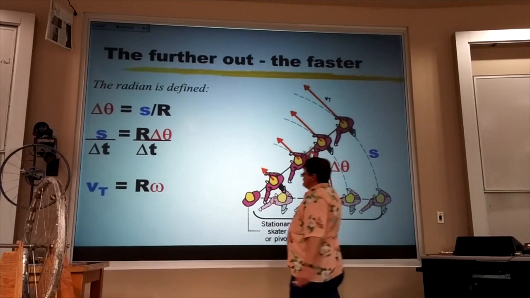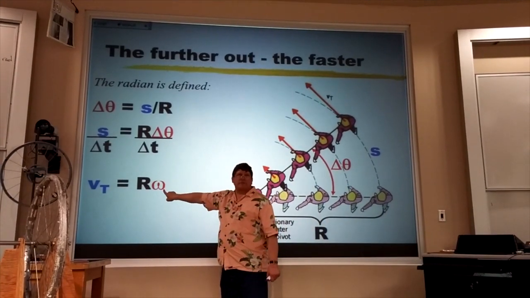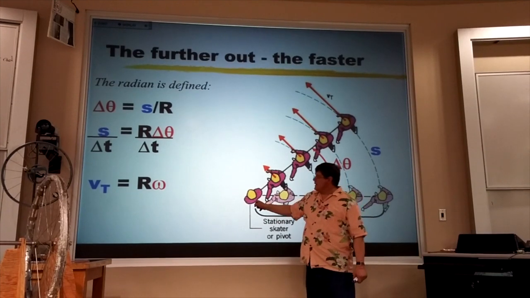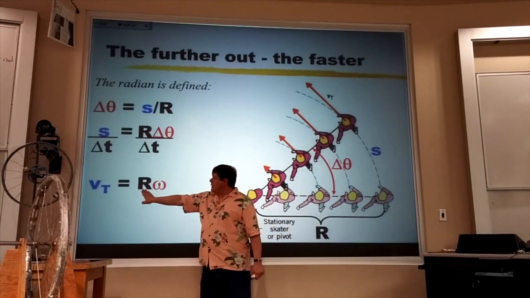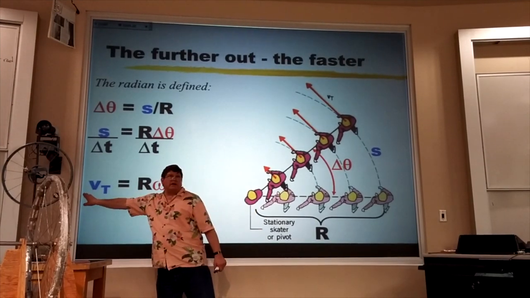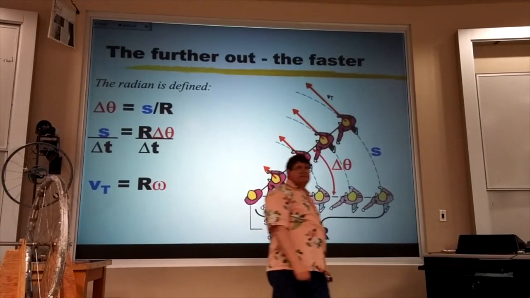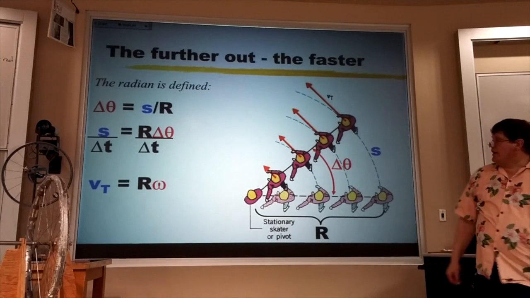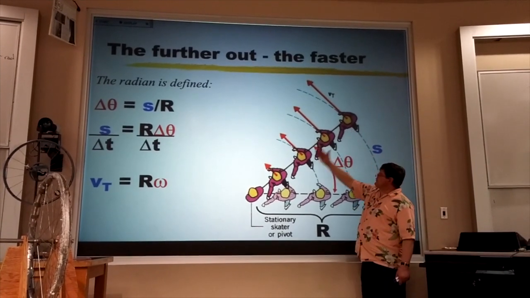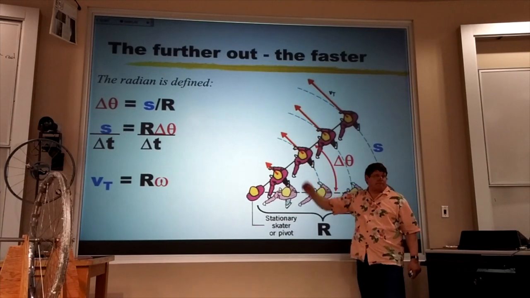If they're going in this line, the omega is the same for every Sven. But if someone is twice as far from the pivot, they're going to have twice the linear velocity, the tangential velocity. So we've proven that this Sven has to skate twice as fast as that Sven.